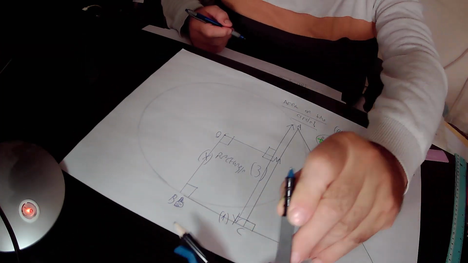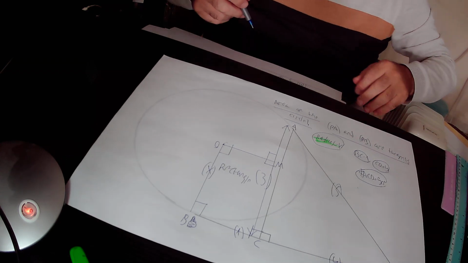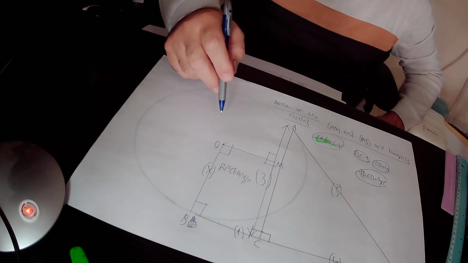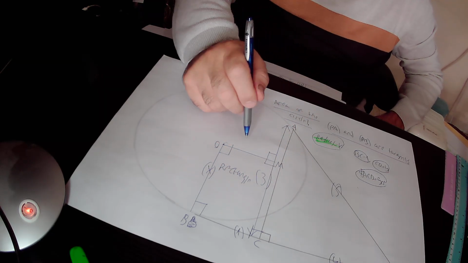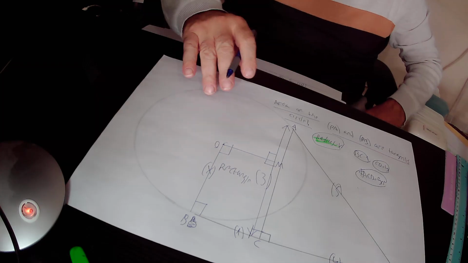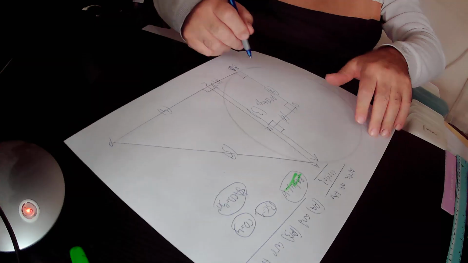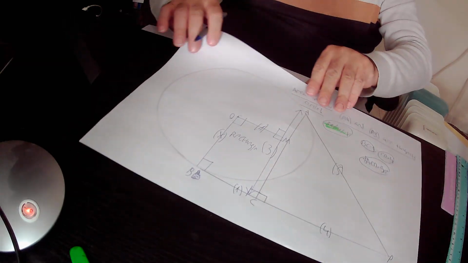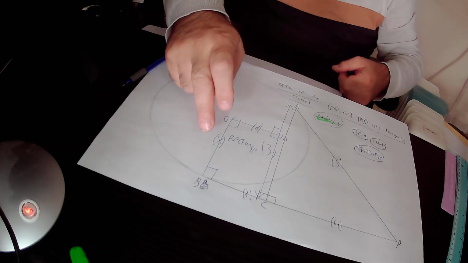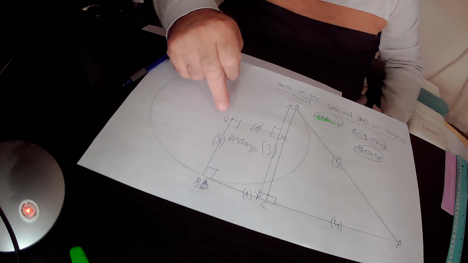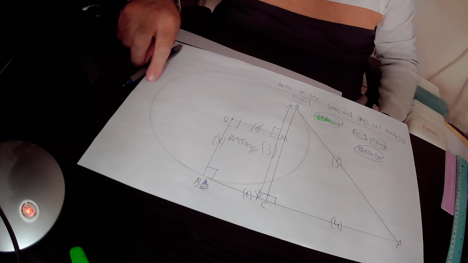So in rectangle OMCB, side OM must be equal to the opposite side CB, but CB is 1, and therefore OM must be equal to 1 unit. Likewise, in the same rectangle OMCB, side OB must be equal to the opposite side MC, but OB is X, and therefore the opposite side MC must also be equal to X units.